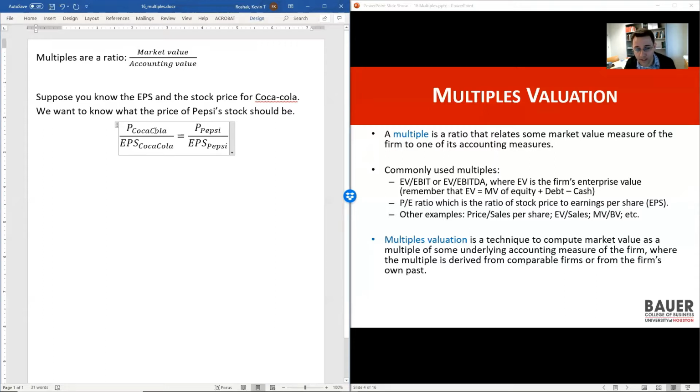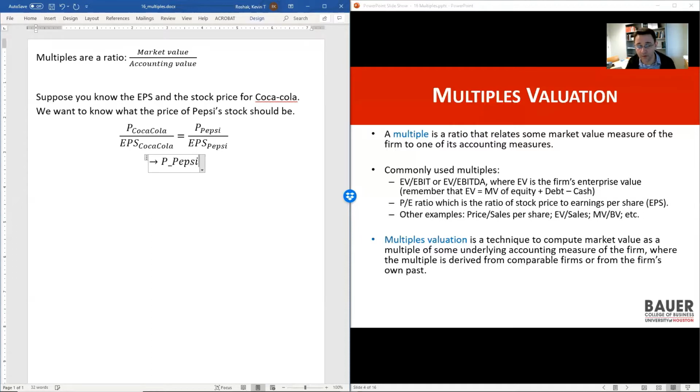If we know the price of Coca-Cola, and we know the earnings per share for Coca-Cola, and we know the earnings per share for Pepsi, then we can infer the price for Pepsi. We're just going to solve this. If we want to know what Pepsi's stock price should be, we do one step of algebra.